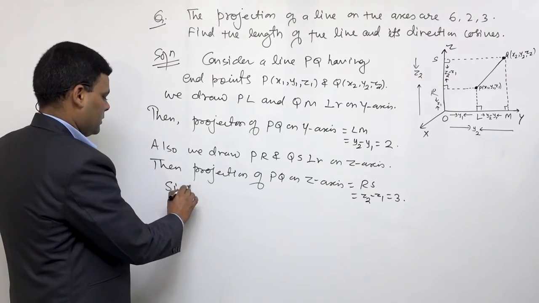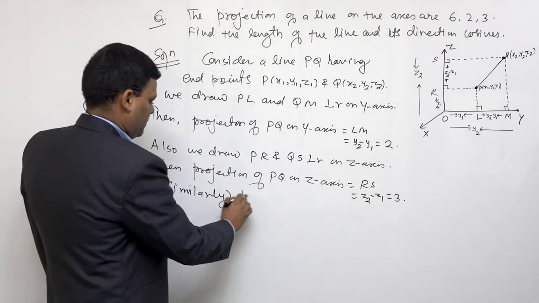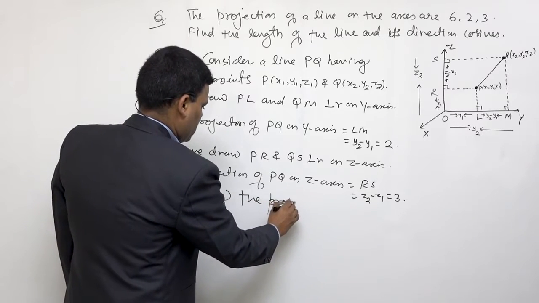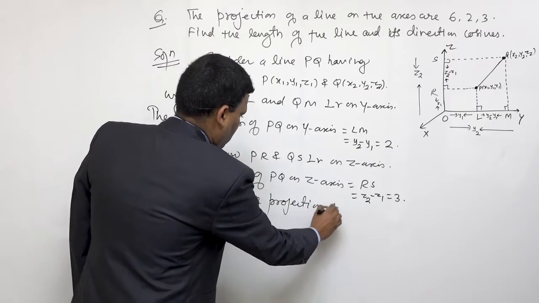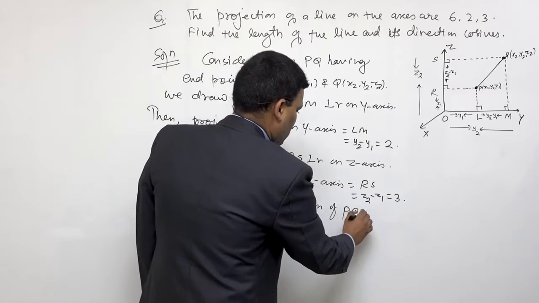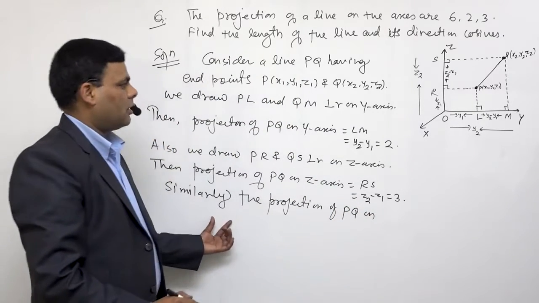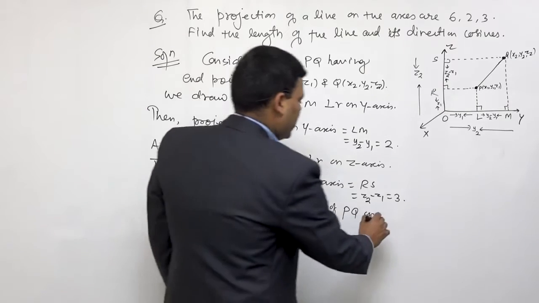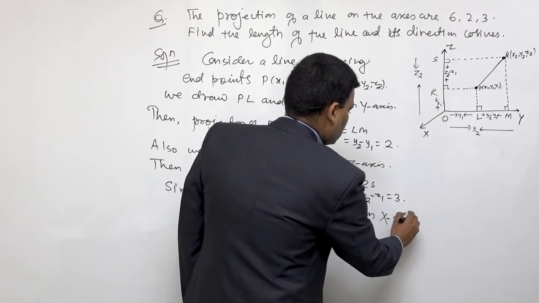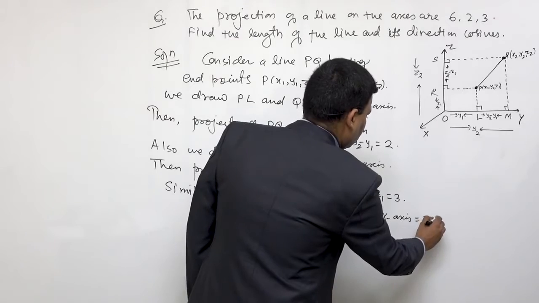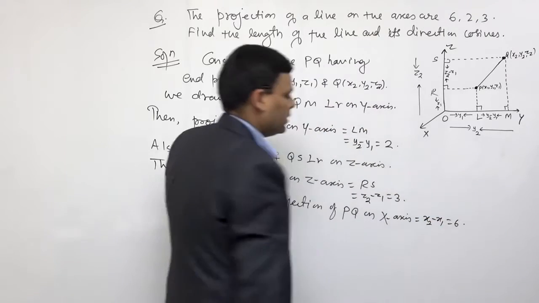Similarly, the projection of PQ on the x-axis equals x2 minus x1 equals 6.